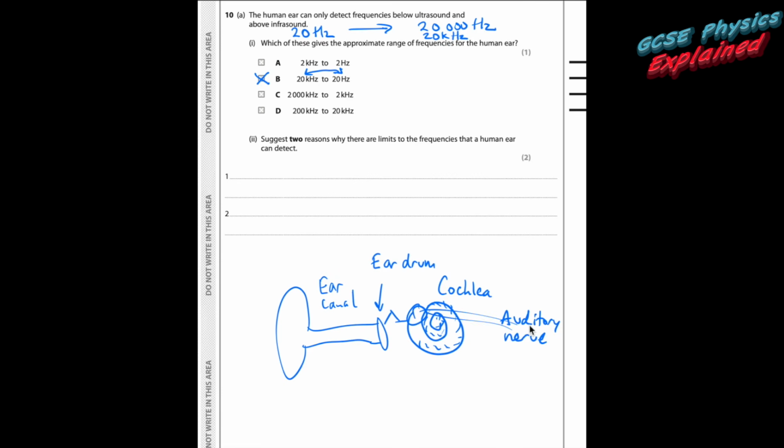So you could have the size of the parts of the inner ear as a limiting factor. You might say, what's the inner ear? Well, all of that stuff, the stuff that's inner. This bit here would obviously be the outer ear, which you can see on the side of people's heads. Now the membrane thickness of the eardrum, if it's stiff, that is a factor.